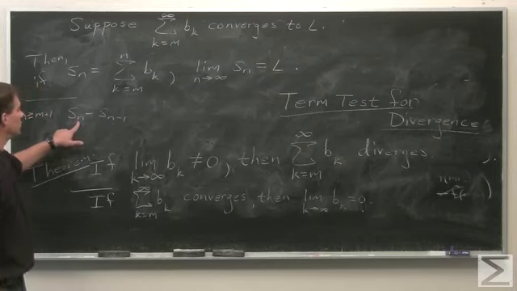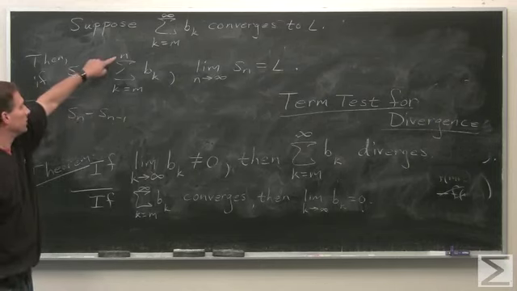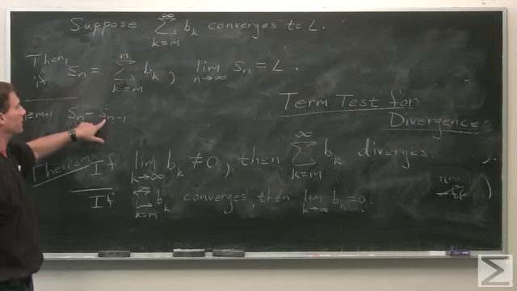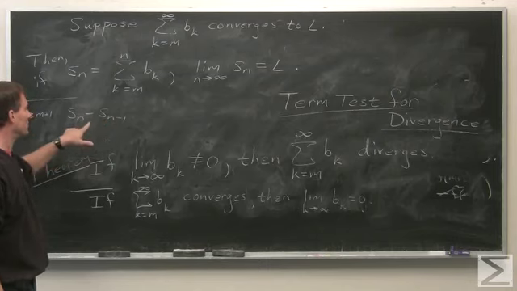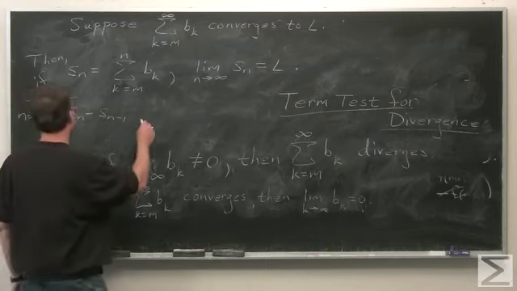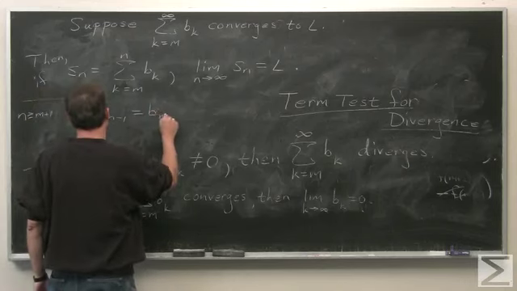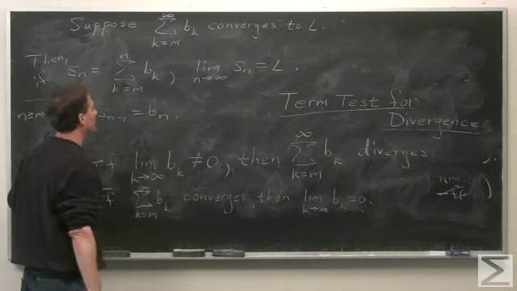What is this? You add up all the terms, including the nth one. Here you add up all the terms to the n minus first one. But then you subtract, and that cancels all the sum except the nth term. So Sn minus Sn-1 is bn.